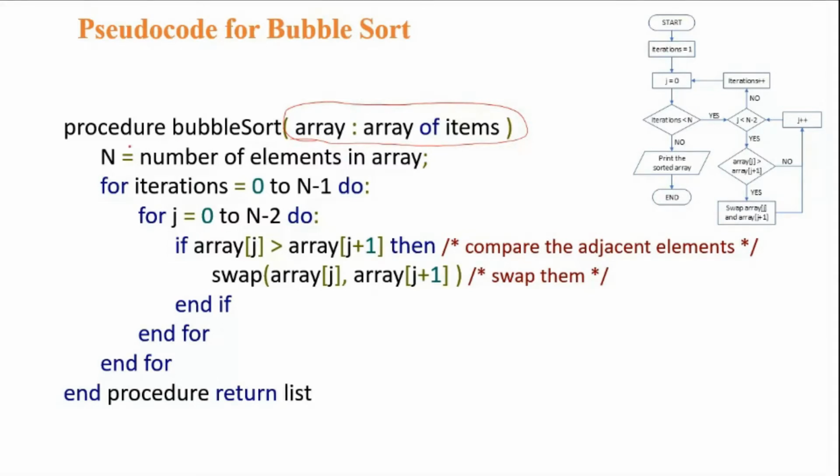Then what we have to do is find out the number of elements in the array. The number of elements may not be given initially, but when we are implementing C programs, in most cases, first we have to give the number of elements so that we can input the elements in the array.